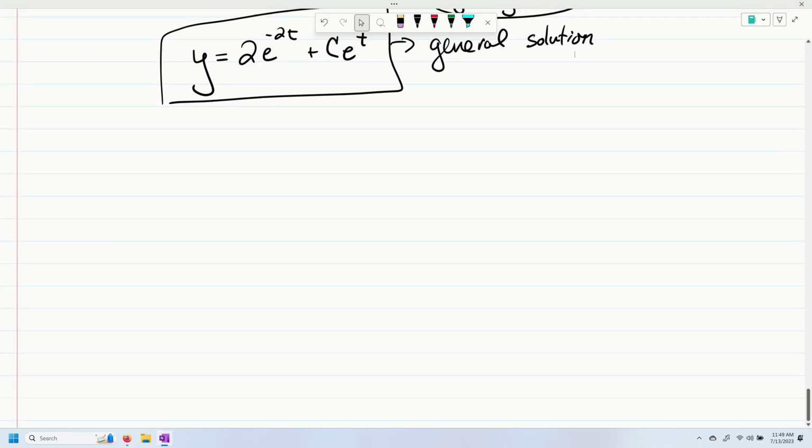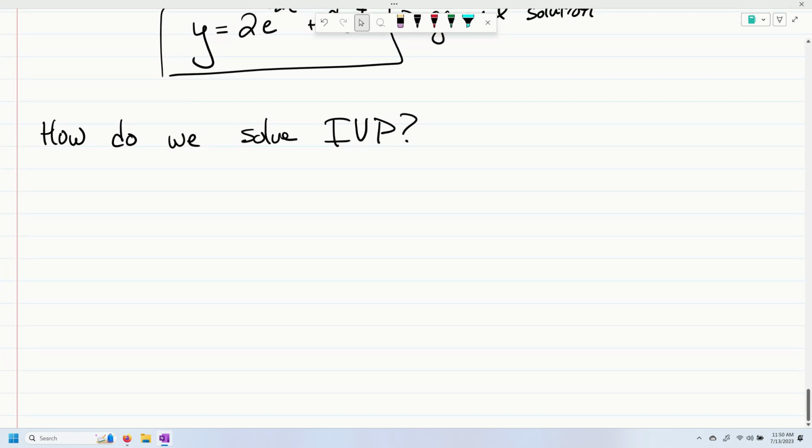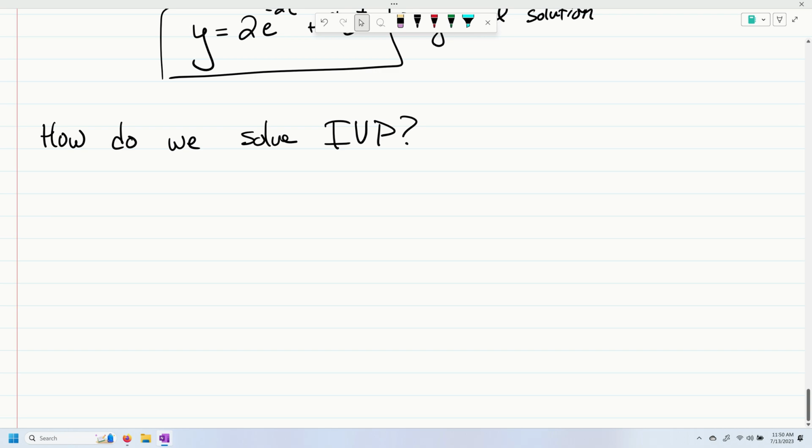So how do we solve an initial value problem? Well, it's not that difficult. We're going to do this from left to right.